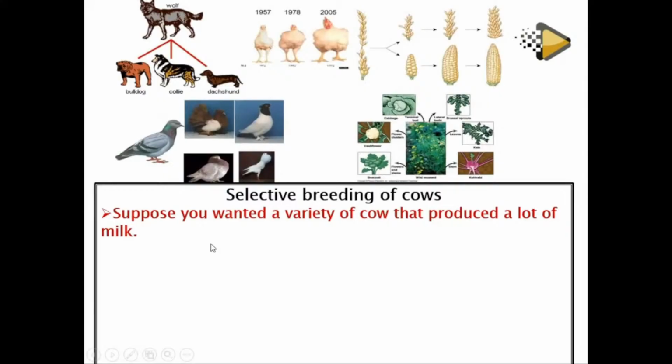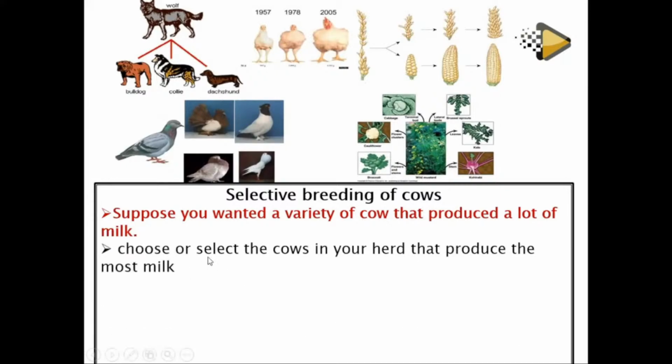So this is the process. Suppose you wanted a variety of cow that can produce a lot of milk. You choose the cow in your herd that produces the most milk, the one with the characteristic you are looking for.